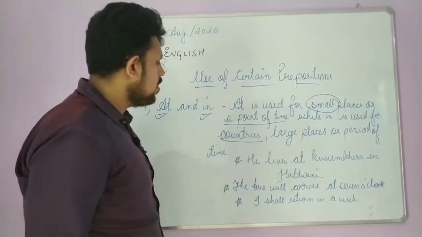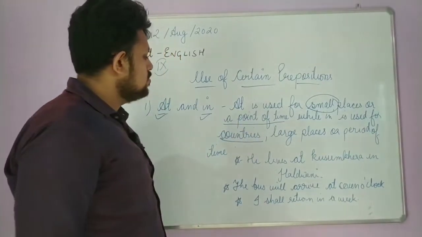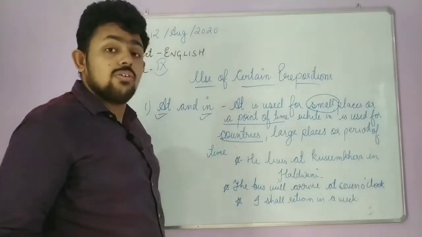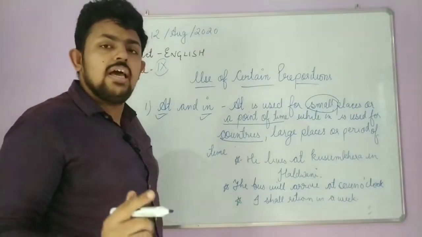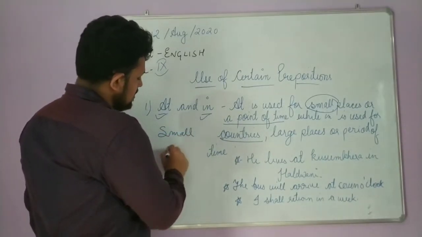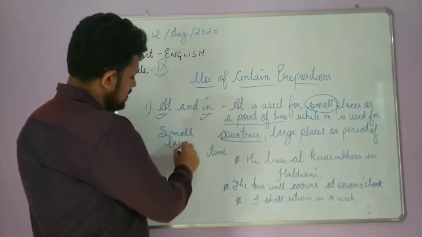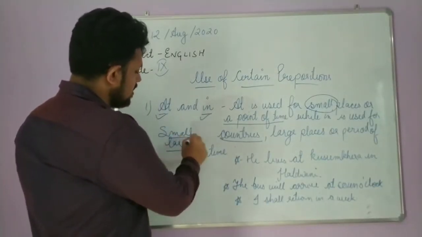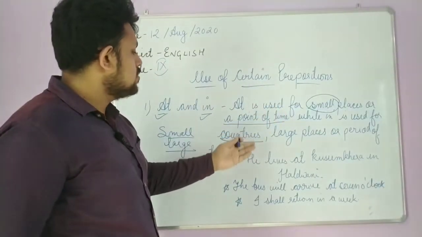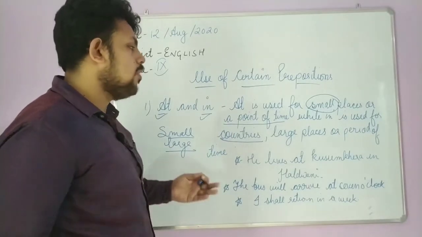Both at and in are used to indicate places, but at is used for small places and in is used for large places, big cities, big countries. So in is used for countries, large places or a period of time.